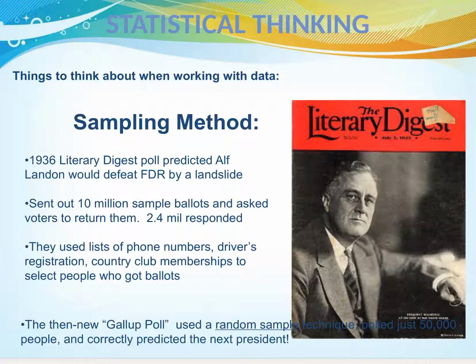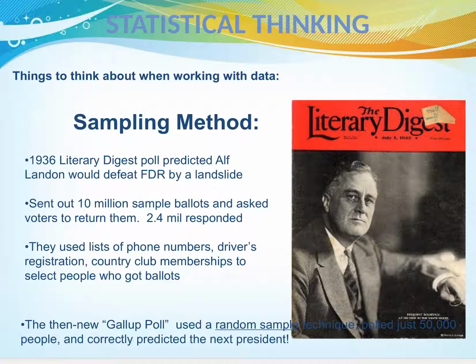Another thing that we're going to worry about when we're looking at statistical studies is the sampling method. So, in 1936, the Literary Digest poll predicted Alf Landon would defeat FDR, Franklin Delano Roosevelt, by a landslide in the next election. I don't know about you, but I do not know who Alf Landon is, but I certainly have heard of Franklin Delano Roosevelt.